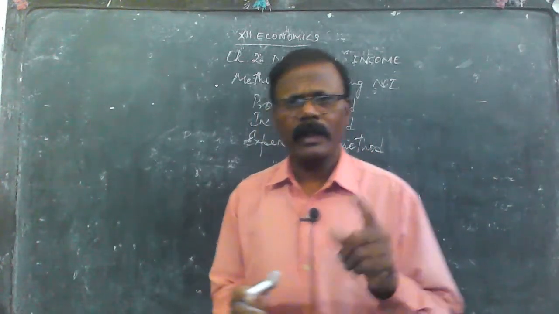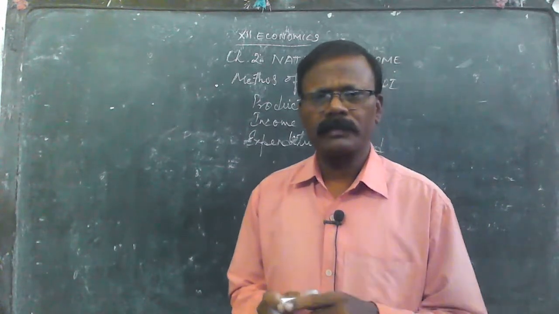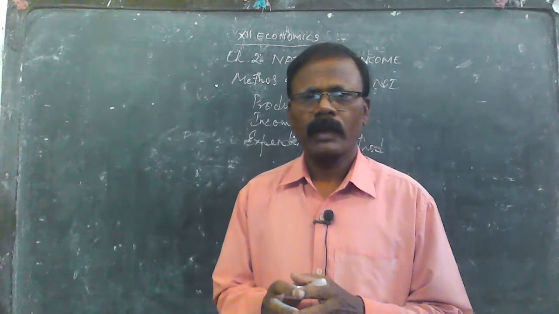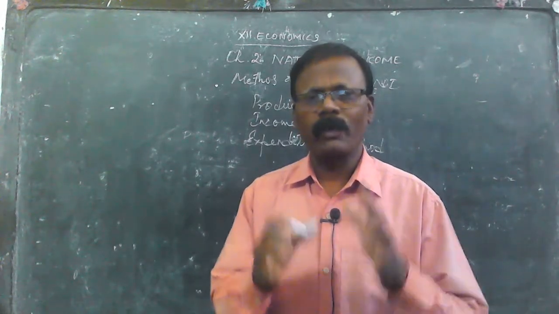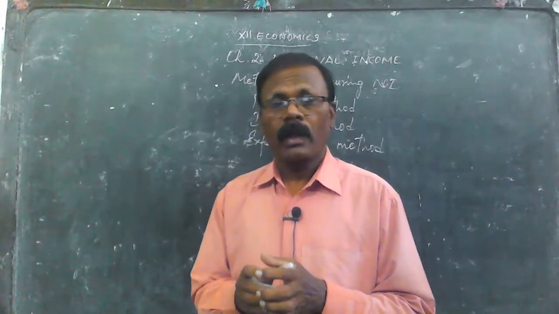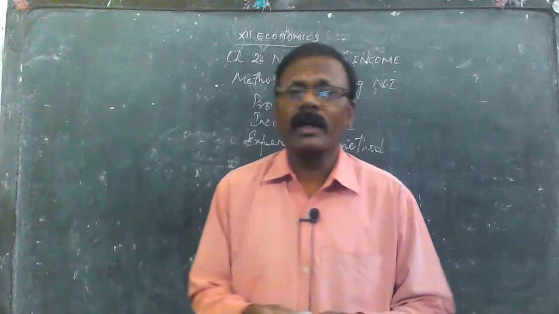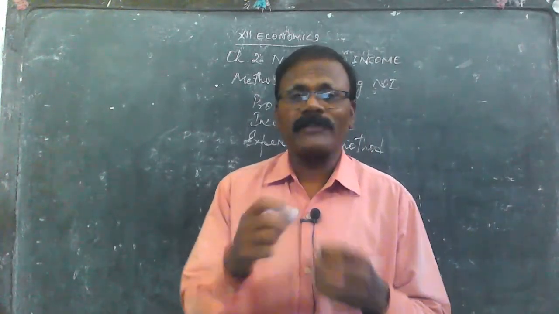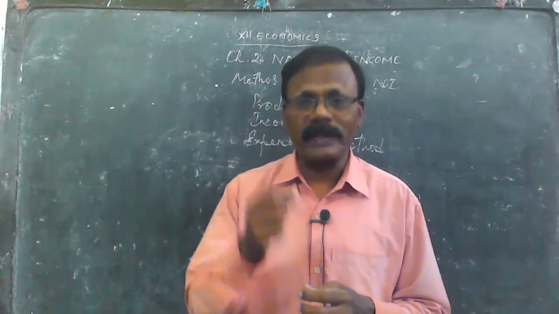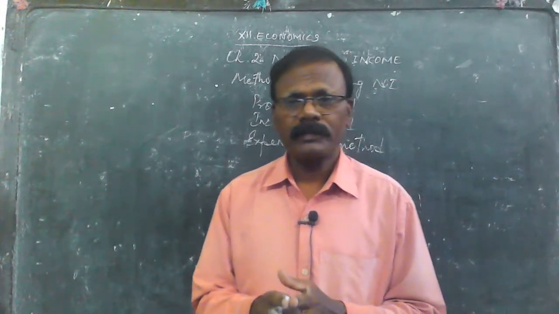In India, this method is used to measure the value of the total output. Now, this product method is used in India to measure the farm output. How is the farm output estimated using the product method in India?